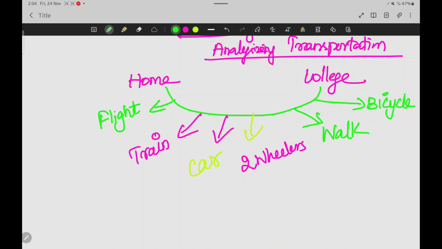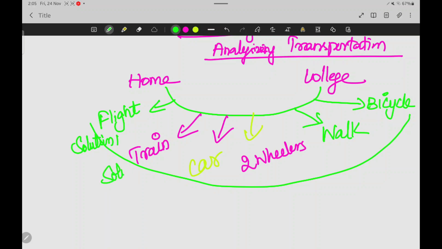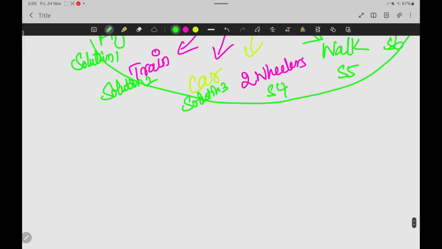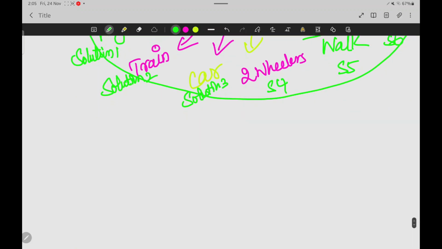So these things are all said to be solutions: this is solution 1, this is solution 2, this is solution 3, solution 4, solution 5. So many solutions we are able to get for the particular problem.